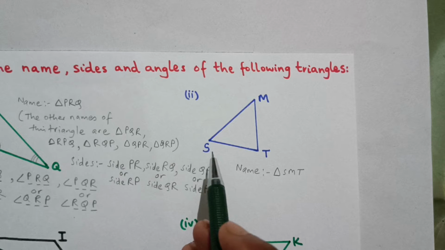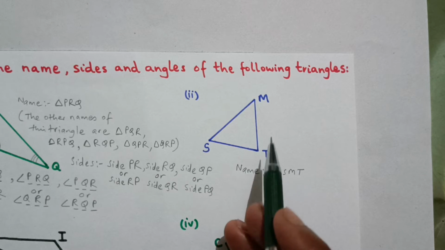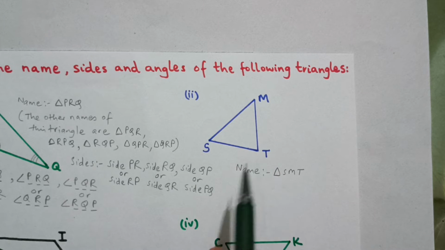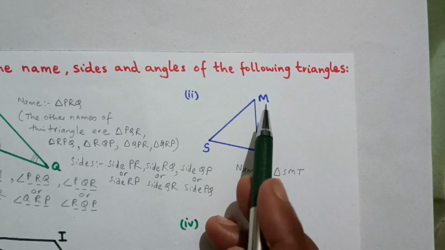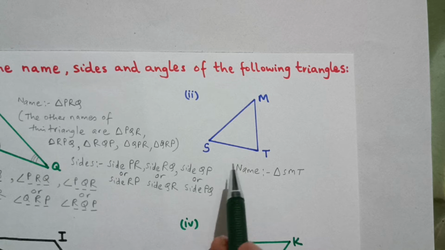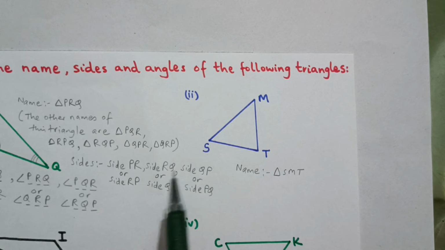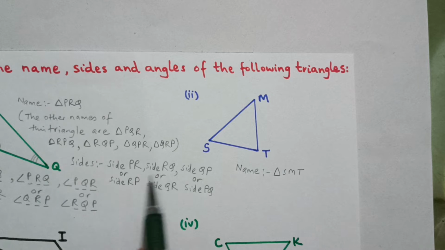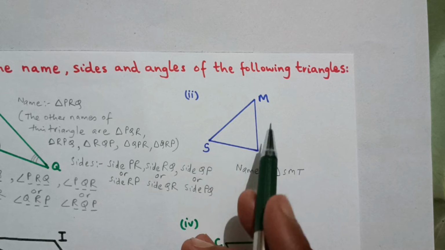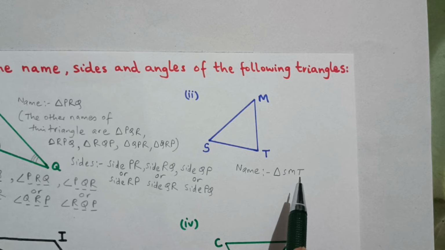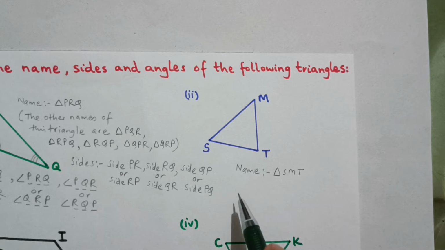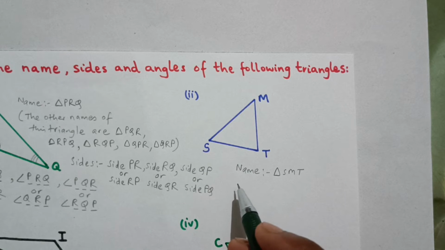You can call it triangle STM or triangle MST or triangle MTS or triangle TSM or triangle TMS. So here I am calling this triangle triangle SMT, but you can call it by other names also. So I will write down all the other names.